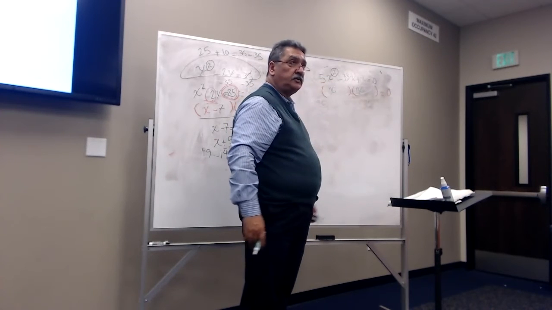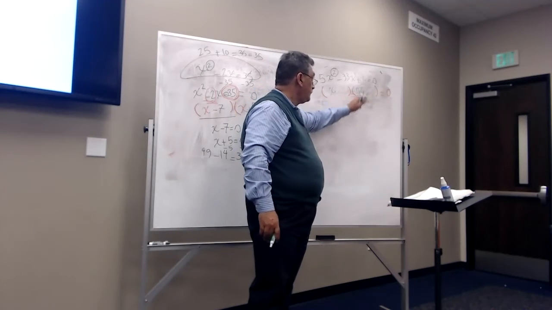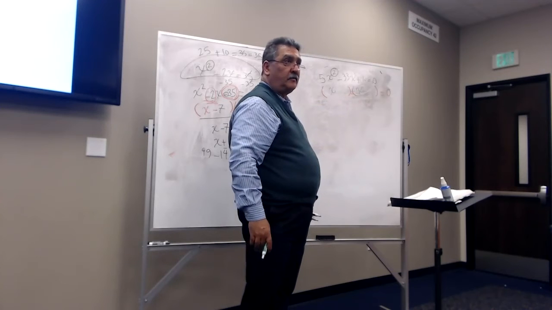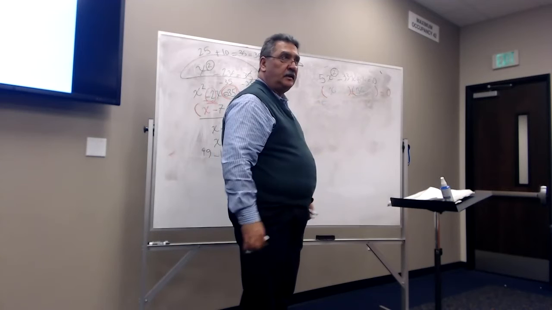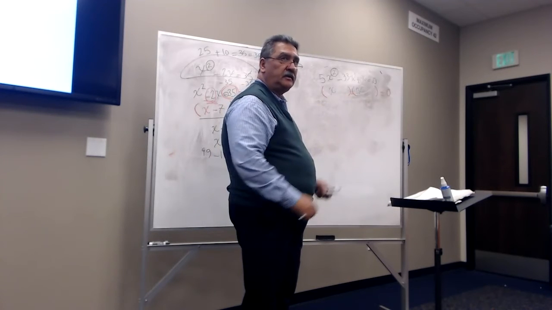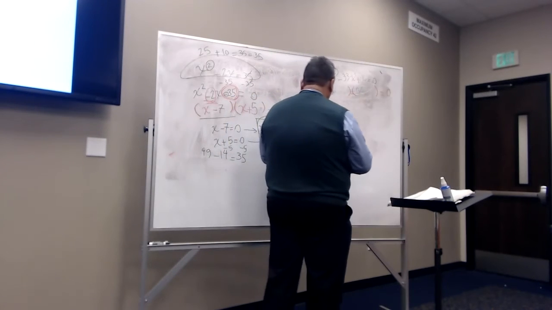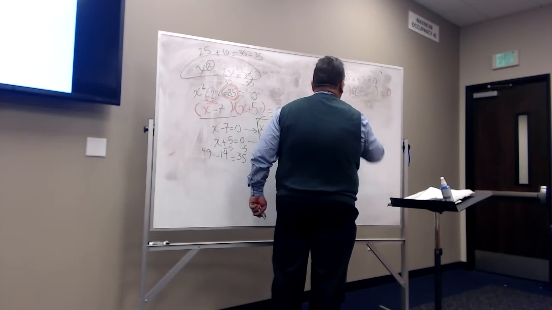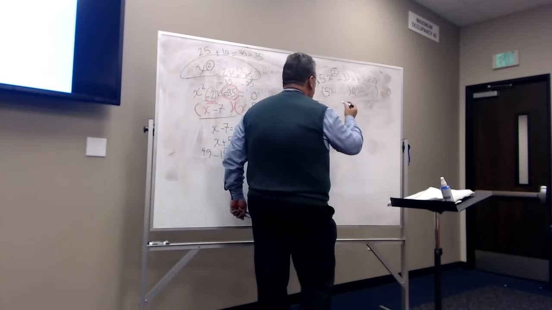Here is 5, what should I have for coefficient? 5 and 1, because 5 can only be the product of 5 and 1. So 5x and 1. Now, here comes the tricky part.